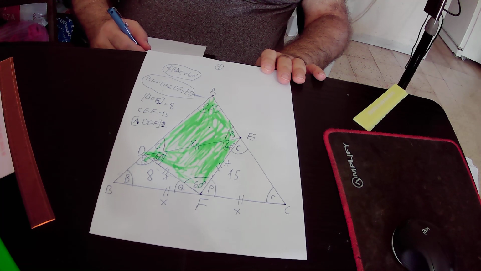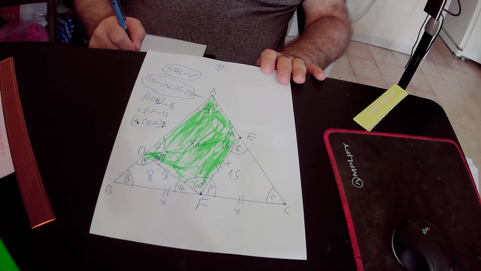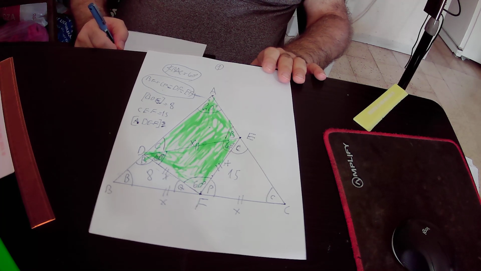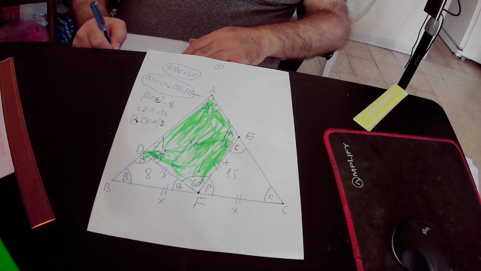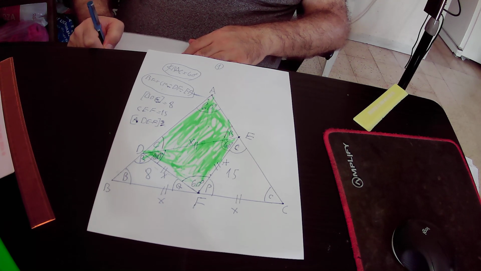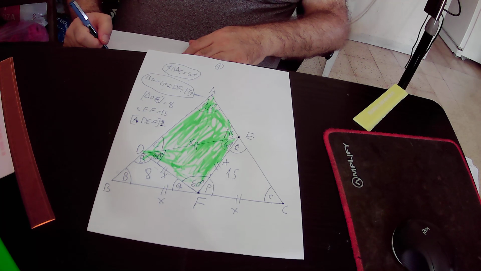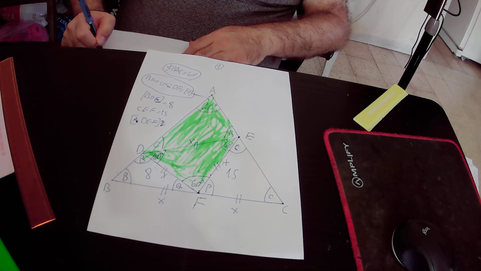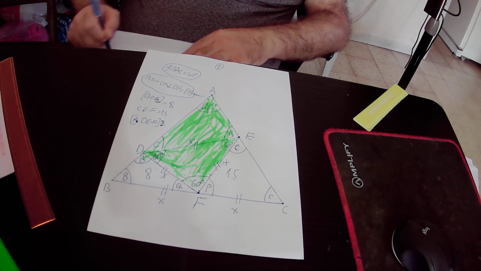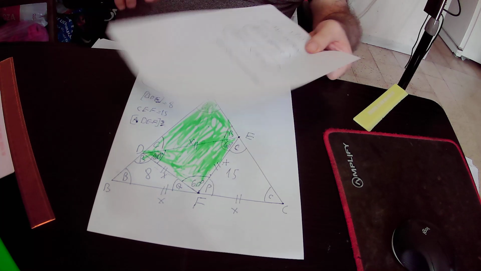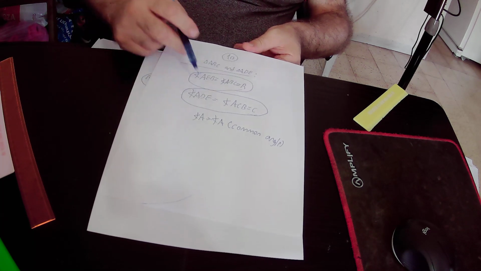So angle A equals angle A. It is a common angle, it belongs to both the big triangle and the small triangle.